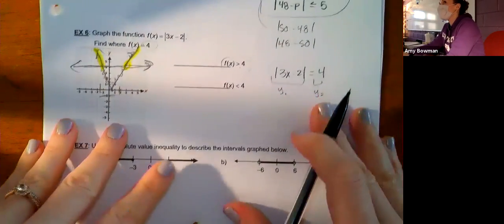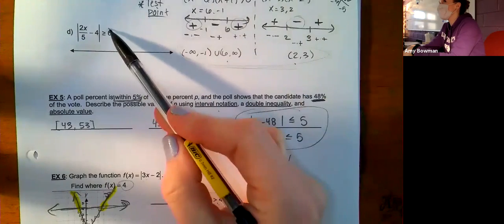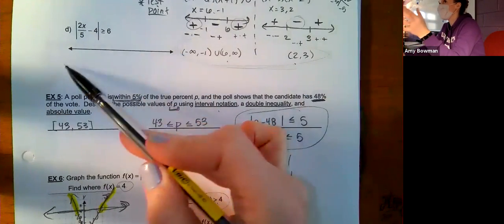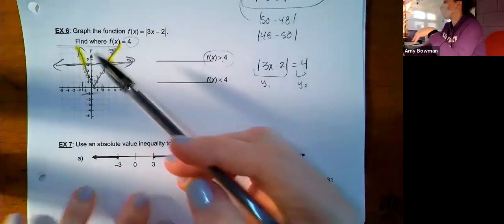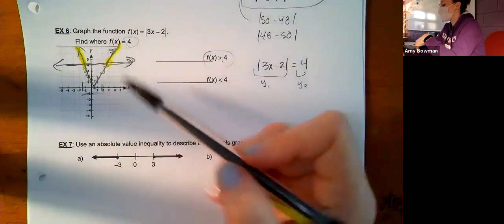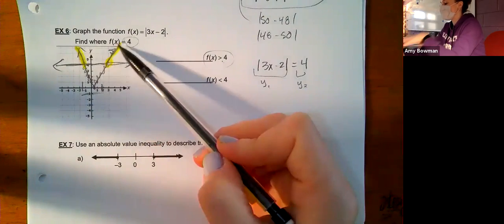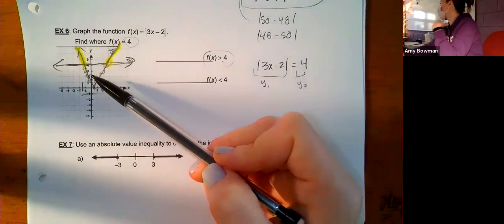So while we have these specific strategies for solving based on absolute value less than and absolute value greater than, it's still important to understand what's happening visually when we're solving these problems. We're checking to see when an absolute value graph is higher than or lower than a certain number.